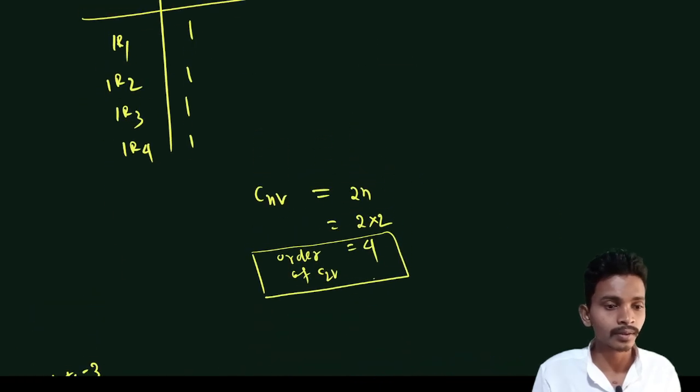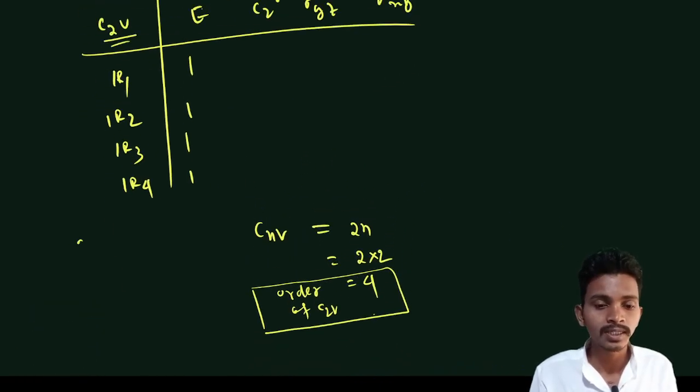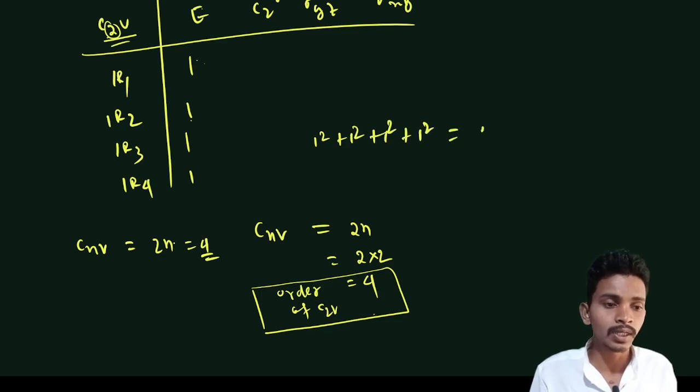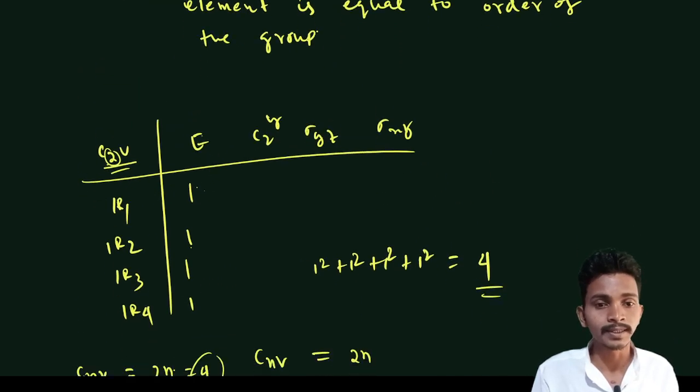For C2v, the order will be 2n, so if n is 2, then 2 into 2 is 4. So the order will be 4. Adding 1 square plus 1 square plus 1 square plus 1 square has to give the order of the point group, which is 4. That is what the second postulate says.